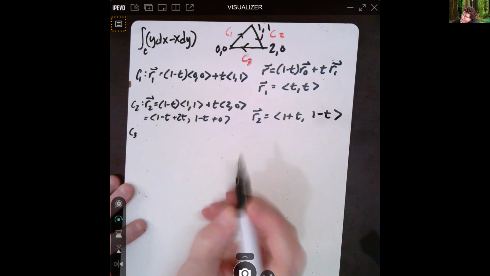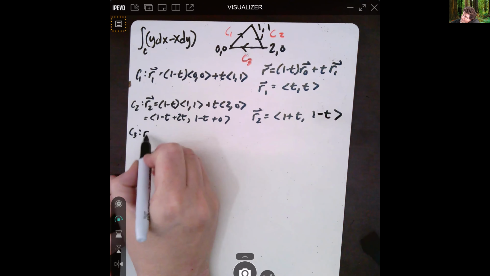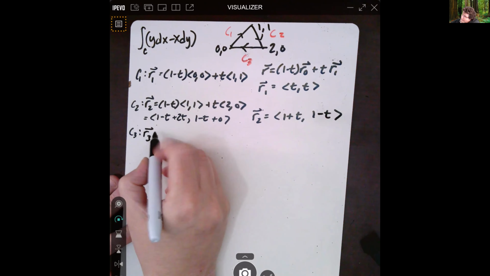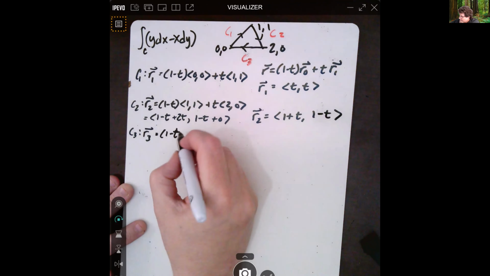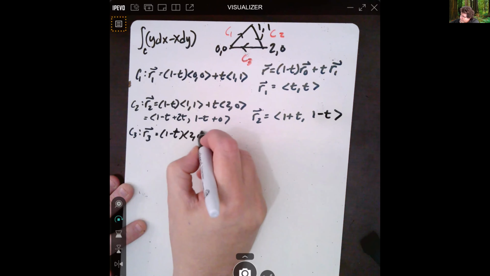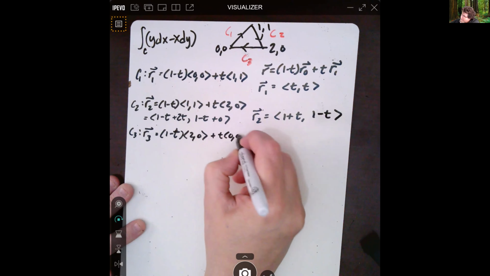And finally, from 2, 0 to the origin, I've got R3 equals 1 minus t times 2, 0 plus t times 0, 0.